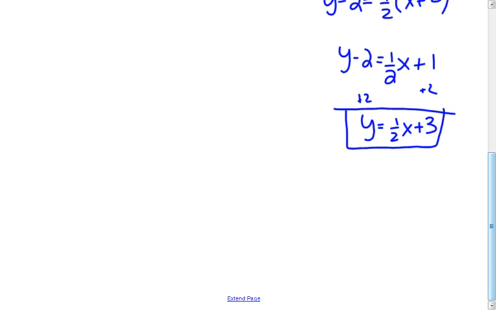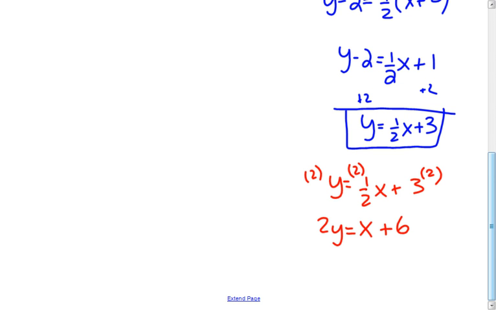If I wanted this in standard form, you guys, I'm going to just do this. If I wanted it in standard or general form, you cannot have fractions in there. So I'm just going to work this out down here so that I'm not messing anything up. If I want it in general form, I can't have fractions in here, so I would multiply everything through by 2, and I would get 2y equals 2 times 1/2 obviously is just 1, 3 times 2 is 6.